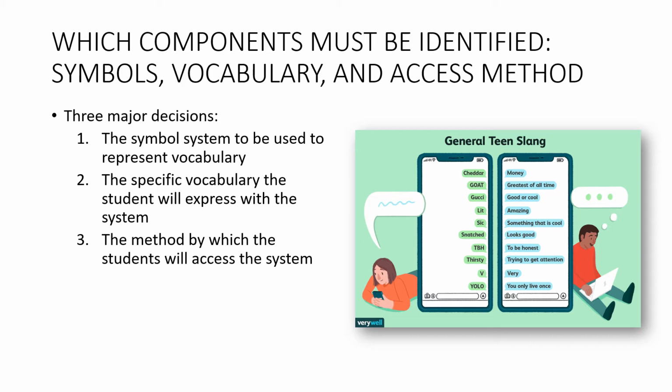And when we talk about vocabulary and language, we're talking about also slang, okay? So if your kids or your students or users are, let's say, Gen Z, and they like to use different words like GOAT, which stands for greatest of all time, you might want to actually put that into the communication board so that they don't sound like they're out of touch with everyone else.